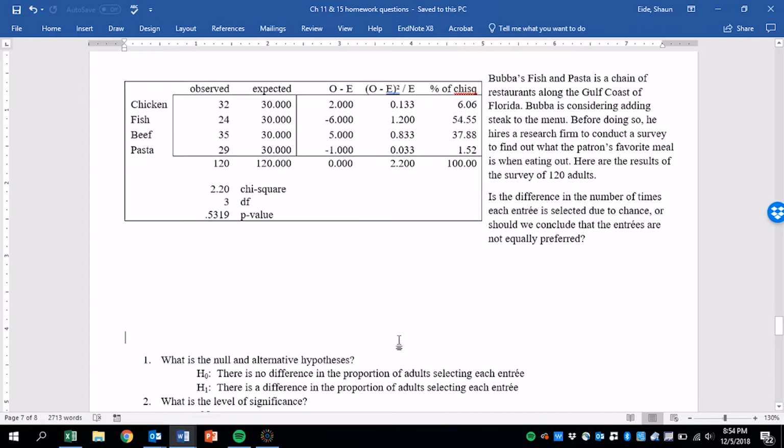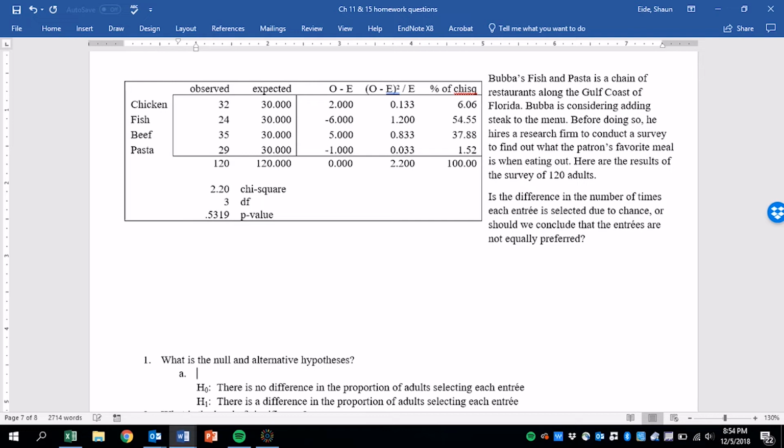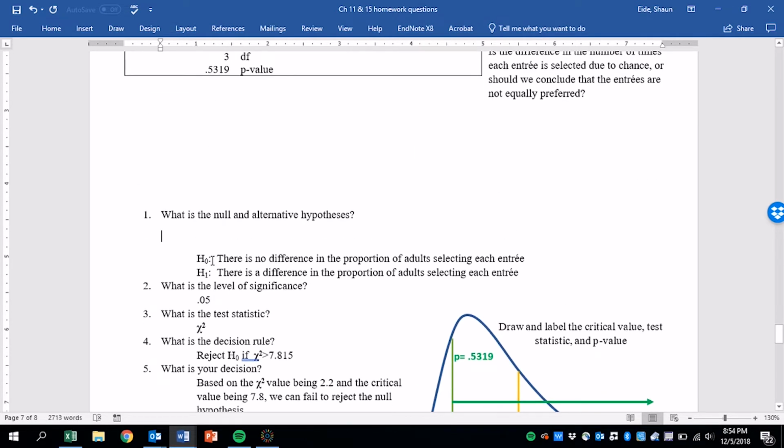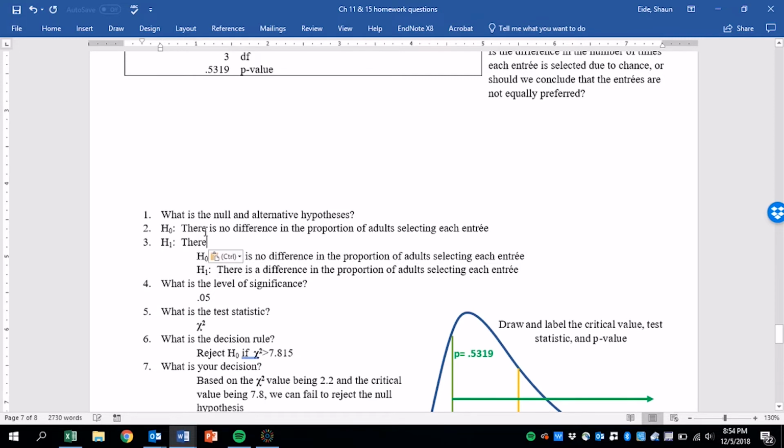Another way that you could write this is actually, let's do H sub 0 and H sub 1.